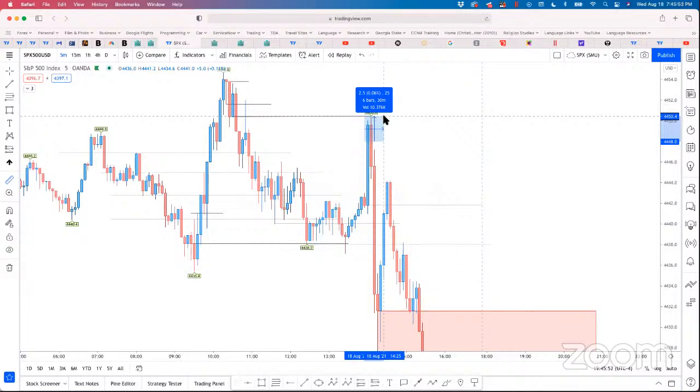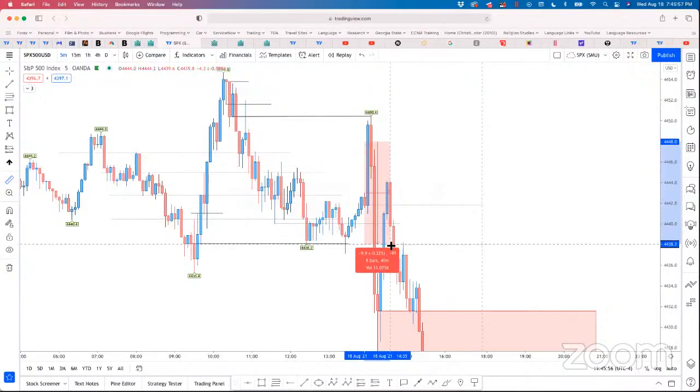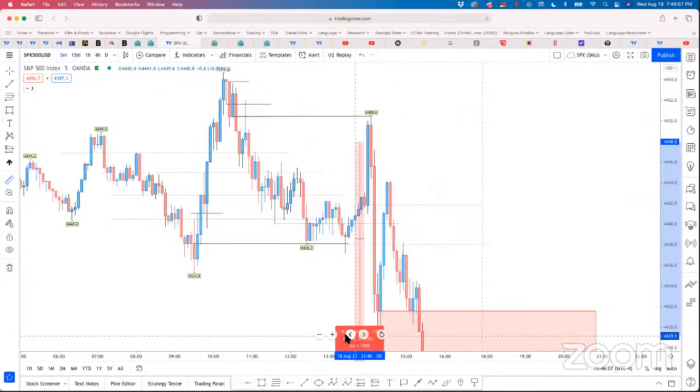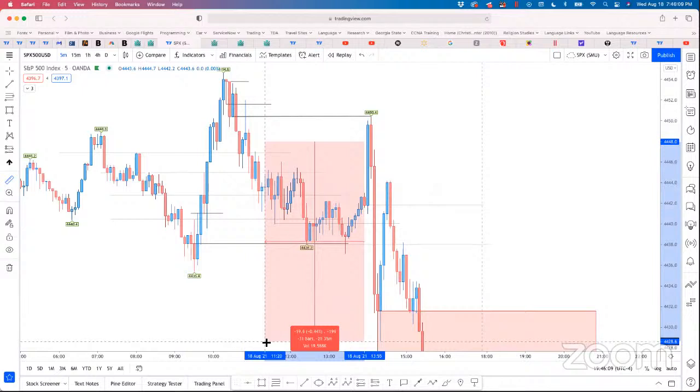But at worst case, even being 25 pips in drawdown and coming back to this low, that's 100 pips. This is 128 pips. When it finally made a low, you would have been at 200 pips almost from here.